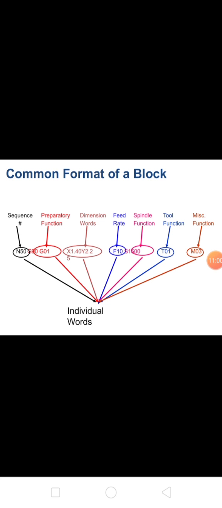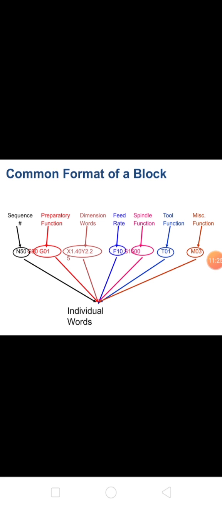See the common format to be used for preparing a block. Here is one example: N50. N50 denotes the sequence number. Second, G90. G90 denotes the preparatory function. G01 is also a preparatory function.